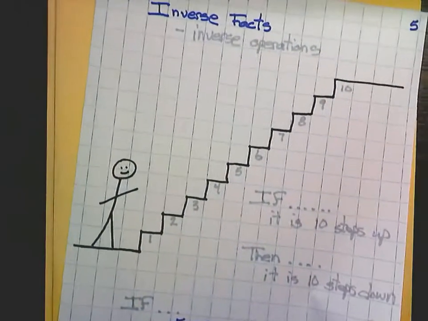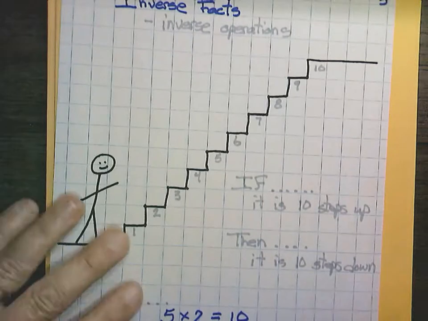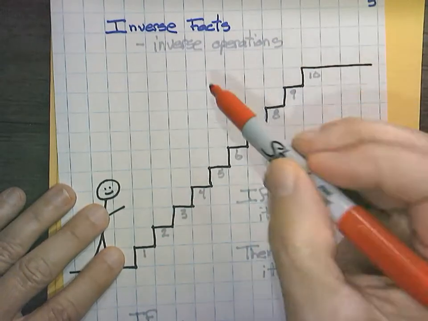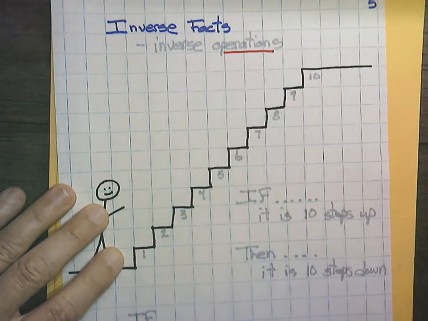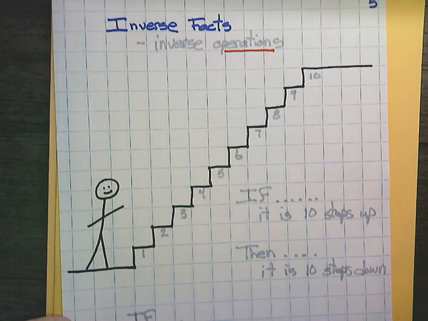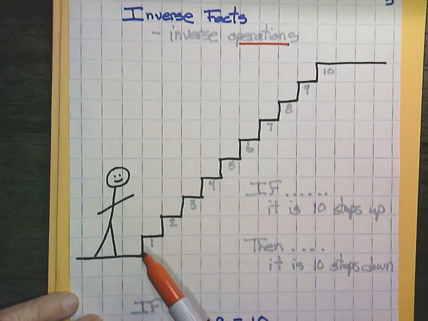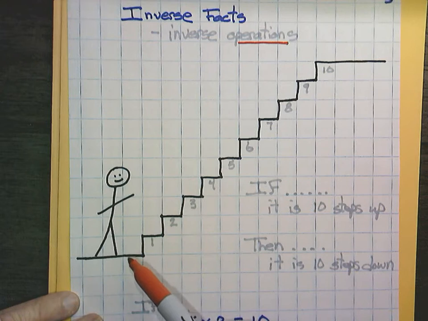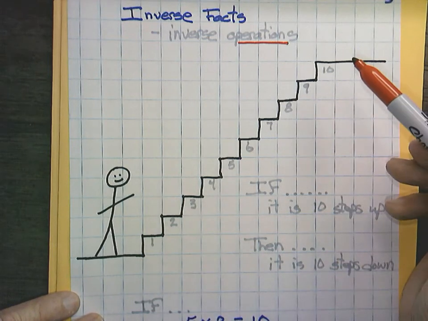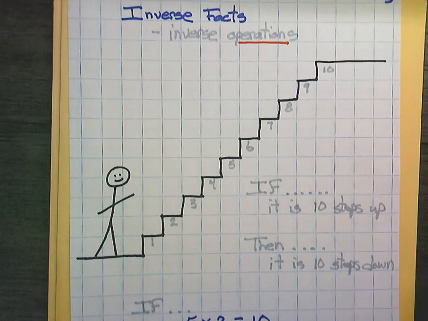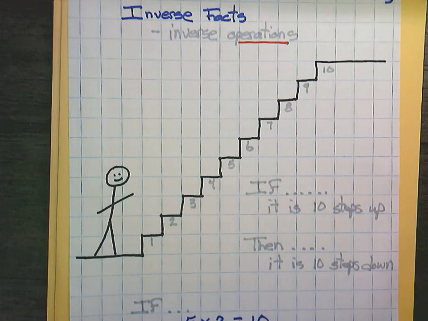You could think of it this way. By the way, sometimes you'll hear the expression inverse operations. I want you to think of it this way. Imagine that you are on the first floor and you have to go upstairs to the second floor. Maybe you have to get some socks or something.